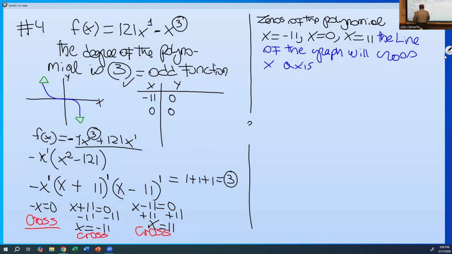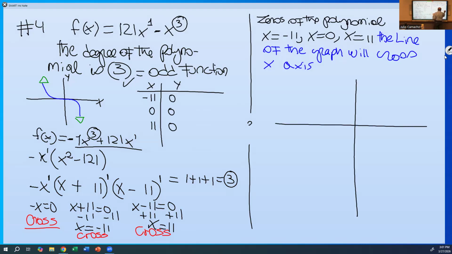And then when x is 11, y will be 0 too. And that is the main place where this graph is touching. Let me try to do the graph here. When you go to my lecture notes, you will see the graph there.